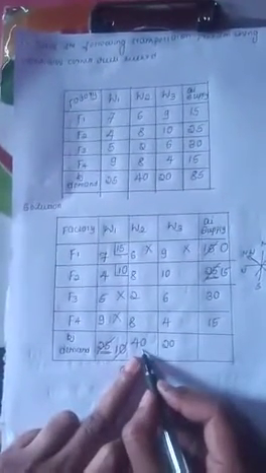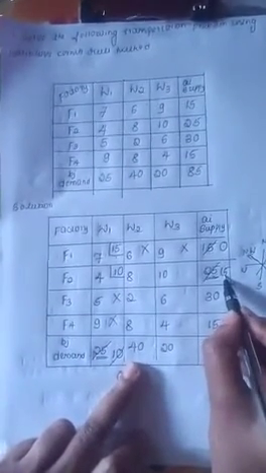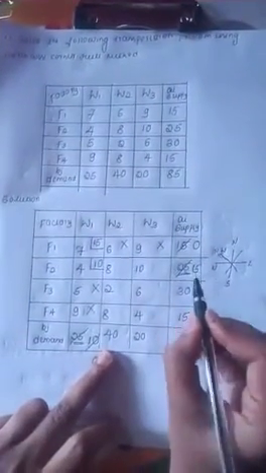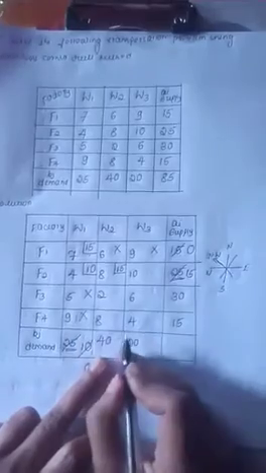Then move on to the next. Here the demand is 40 and the supply is 15. The least value is the supply, so 15 supply is allocated here.